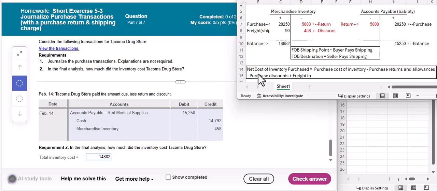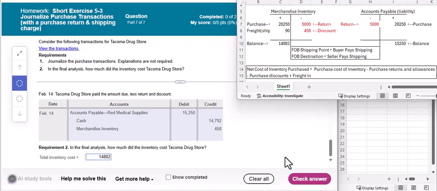So here's how you technically calculate the cost of inventory. The net cost of inventory purchased equals the purchase cost of inventory, which is that $20,250, less purchase returns and allowances, which was that $5,000, then less purchase discounts, which was that $458, and then we add freight in as a cost of $90, which gave us a net cost of inventory purchased of $14,882.